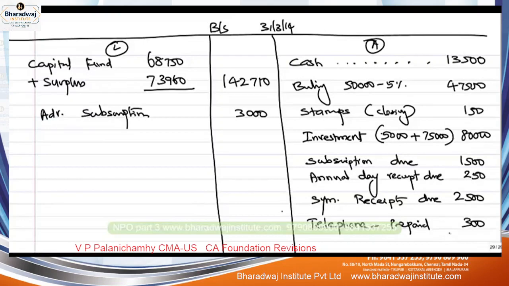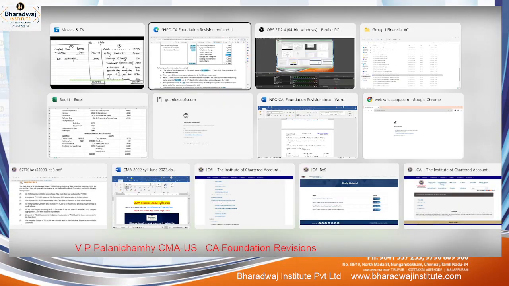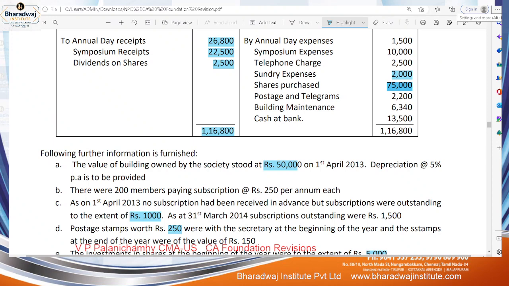There is a 10 rupees difference. Check the cash balance. I think the closing balance 13,500 will not come. On the asset side only 700 would have come. Check the cash balance, the closing balance of cash. Put receipts minus payments and see. This is not actually 13,500.